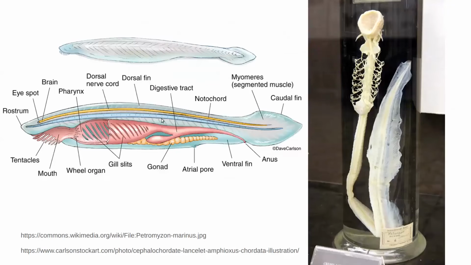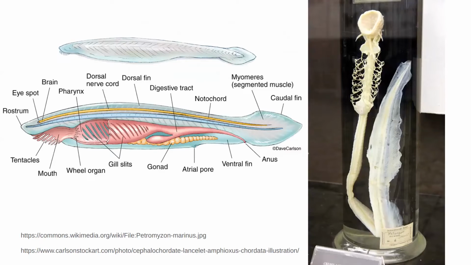So now you have something like this. This is a lancelet. It's another ocean animal. It brings in food through its mouth, passes the food through this thing with gill slits in it, and extracts, again, oxygen and plankton to eat.